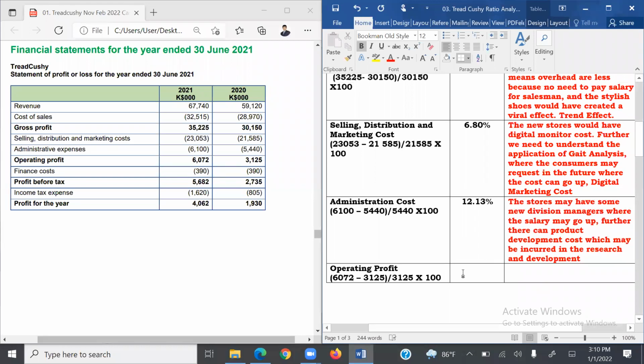It's not a difficult one. It's just a basic one. So let's do that, students. 6072 minus 3125 divided by 3125 multiplied by 100. So the answer at the moment for the operational profit increment is 94.3%, if I'm not mistaken.